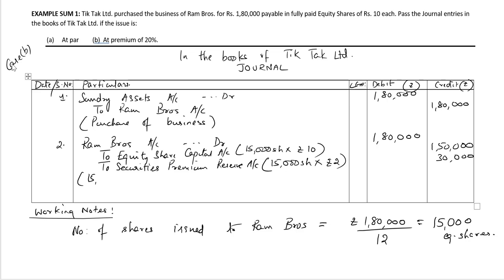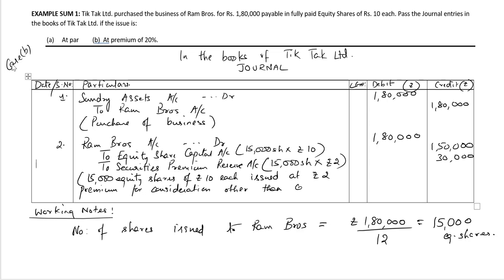Narration: 15,000 equity shares of rupees 10 each issued at rupees 2 premium for consideration other than cash. So this is the answer to case B.